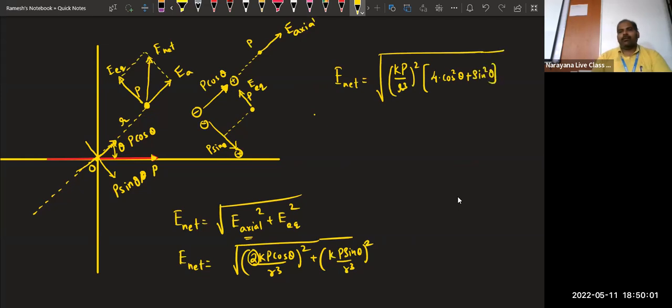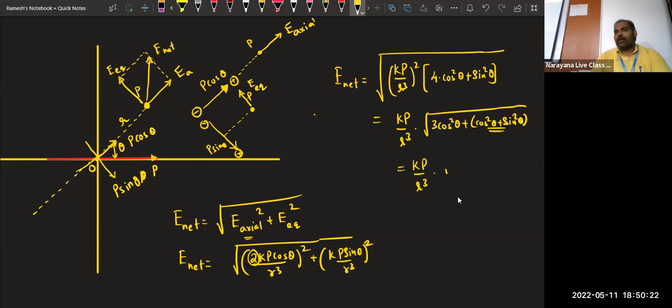Sending the square to the other side, kp by r cube times the square root of 3 cosine square theta plus cosine square theta plus sine square theta. That value will be 1. So kp by r cube times the square root of 1 plus 3 cosine square theta. This is the electric field due to a dipole at any arbitrary point. This is also most important. You have to remember it compulsorily.